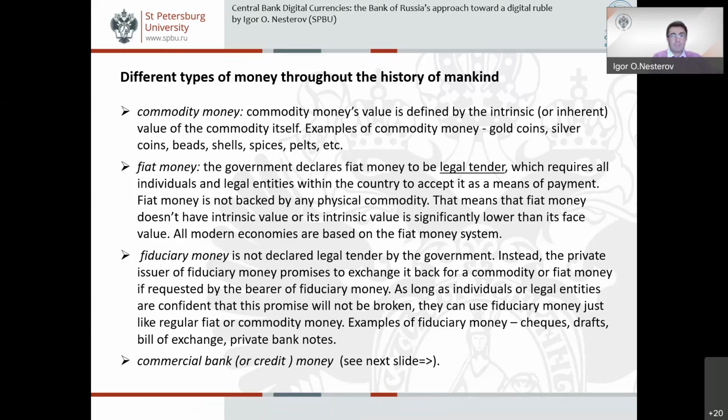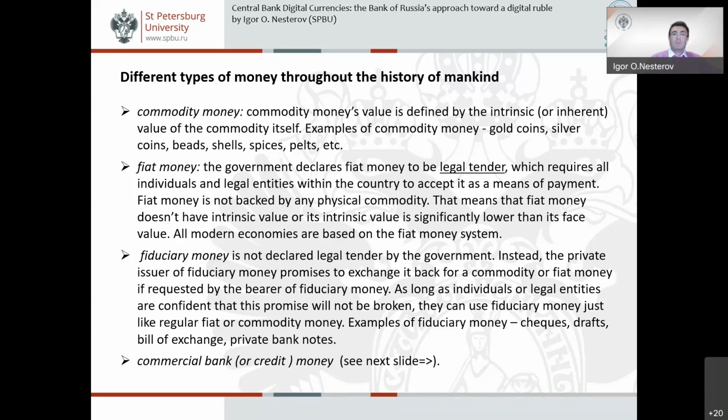So that means those state-issued coins and banknotes are really issued by central banks that are eligible and responsible for the issue of national currency.